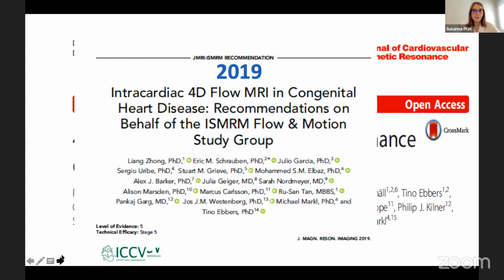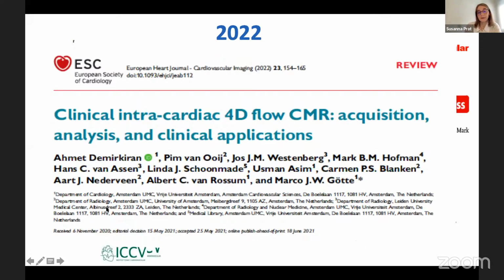especially in this subgroup of patients, with all the indications and all the specifications. And recently, there is this new and good review about the role of 4D flow in clinical intracardiac flow studies.